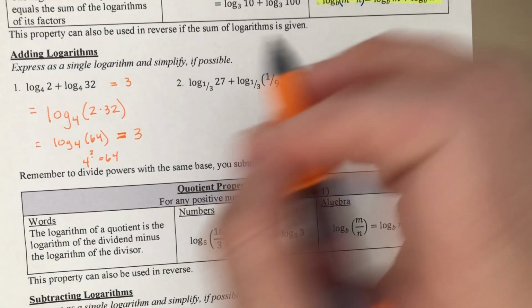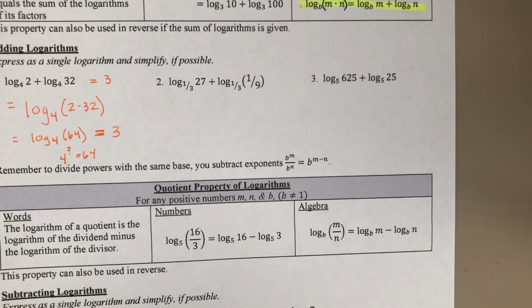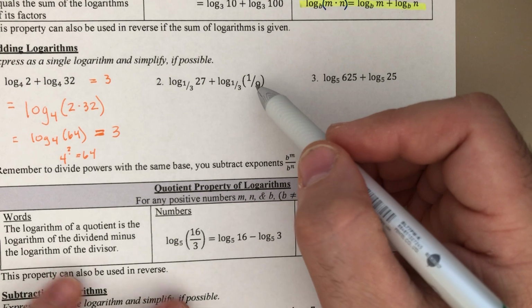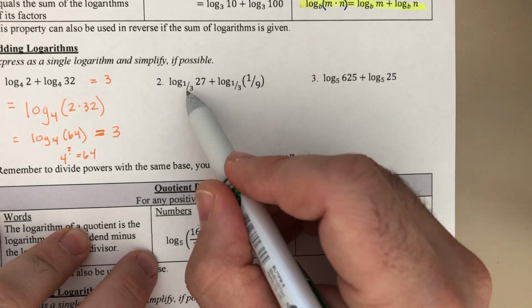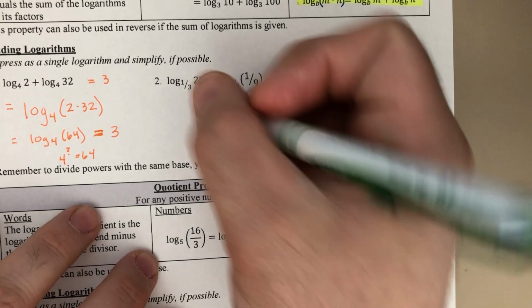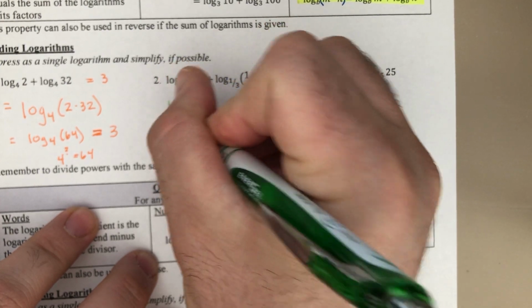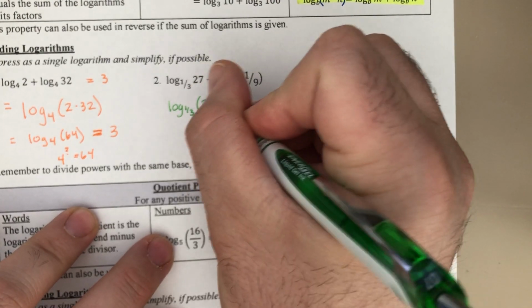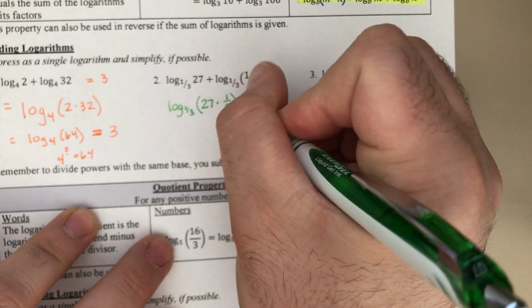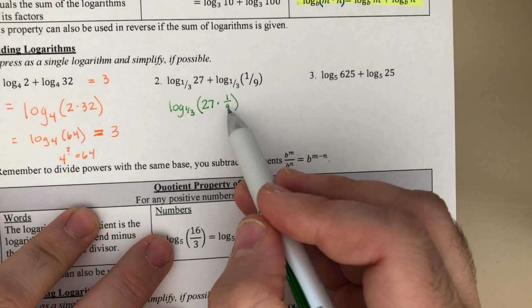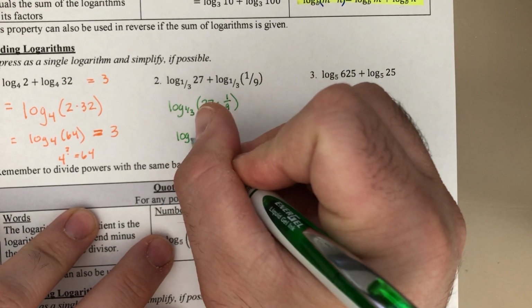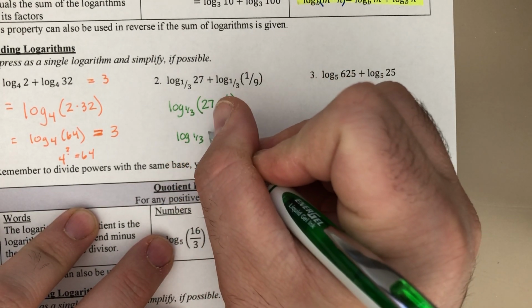All right, let's do the next one. Log base 1/3 of 27 plus log base 1/3 of 1/9. Again, same base, so I can go ahead and multiply those. So I'll have log base 1/3 of 27 times 1/9. But 27 times 1/9 is the same as 27 divided by 9, which is 3. So we've got log base 1/3 of 3.